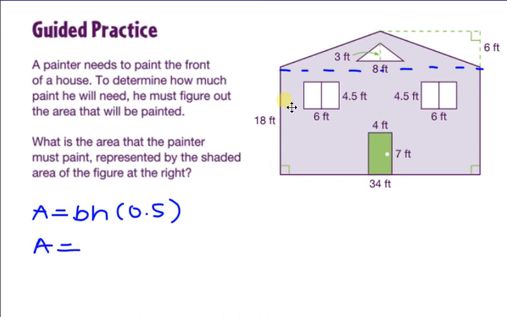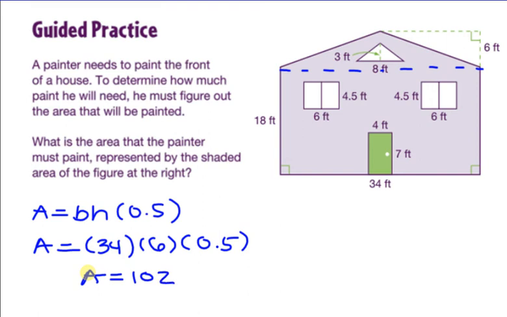The base of this triangle is going to be the same as this, which is 34. The height of this triangle right here is 6 feet times 0.5, okay? Go ahead and put that in your calculator, and you should get an area of 102, okay?